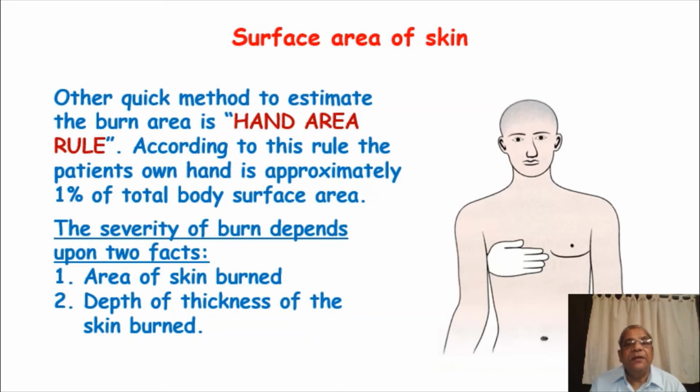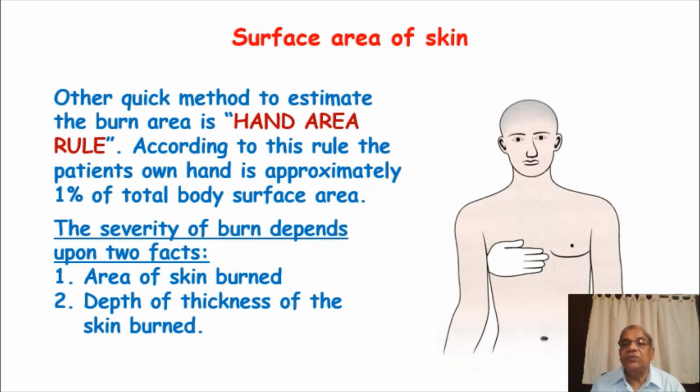Now we come to another aspect, after learning these two methods of calculation of the surface area of the skin. Now the severity of the burn not only depends on the surface area of the skin, but it also depends on the depth or the thickness of the skin which is burned. That means it is not only if epidermis is burned, but if the dermis is also burned, it will naturally be a more severe burn.